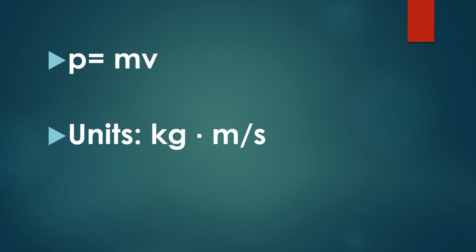It's actually not a P. It's a Greek letter that looks like a P, but for us, we're going to be using P. And the unit for momentum is kilograms times meters per second. So it's one of those derived units again, where you don't have just one unit, it's two. So this is an entire unit, kg·m/s.